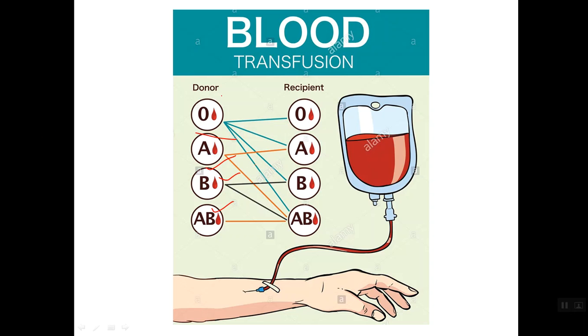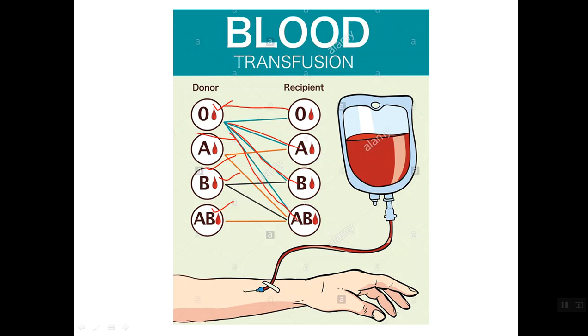If the person has the O blood group, he can donate blood to an O blood group individual, an A blood group individual, a B blood group individual, and also an AB blood group individual.